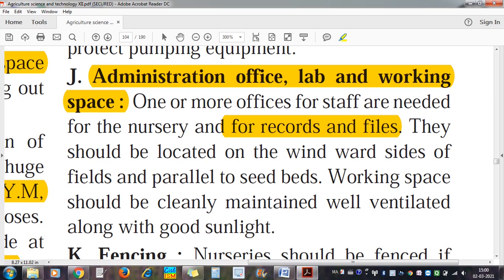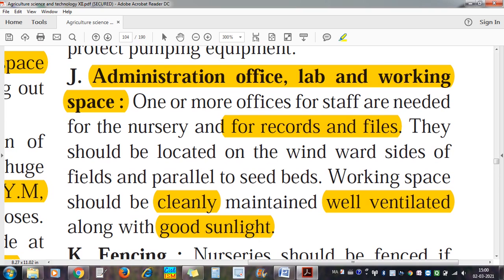Lab is also required if any research work we are undertaking, and all these should be very cleanly maintained, well ventilated, and have good sunlight. These three things are important for administrative office, lab and working space.